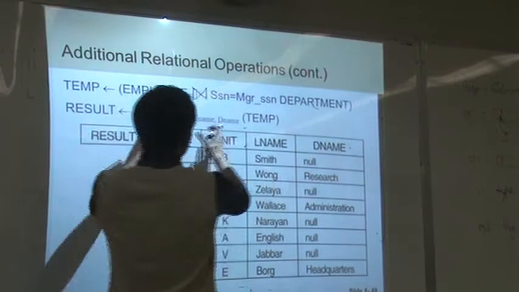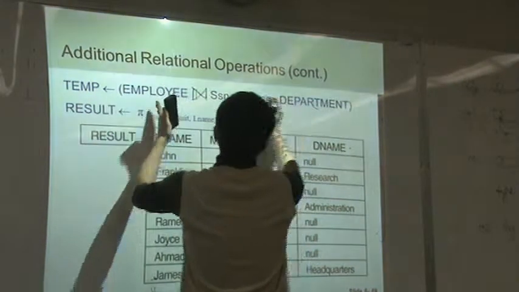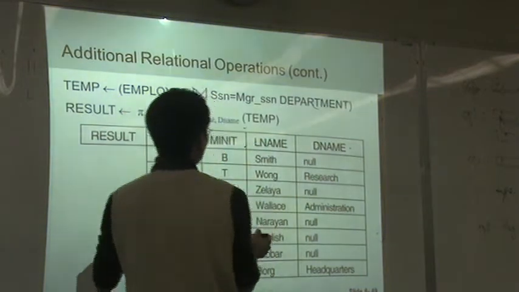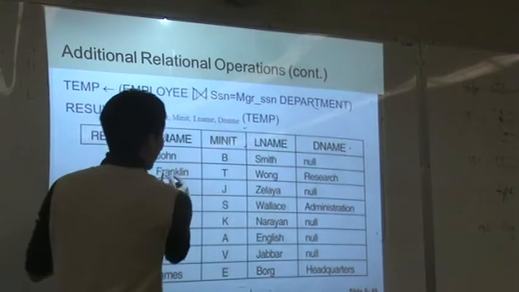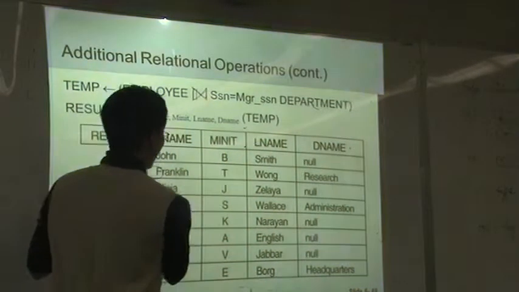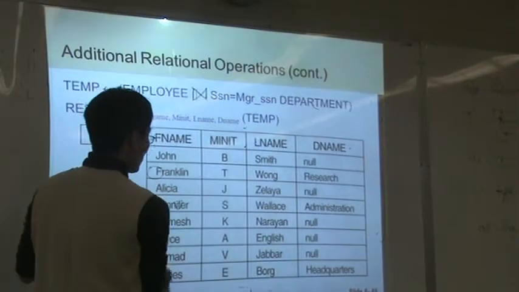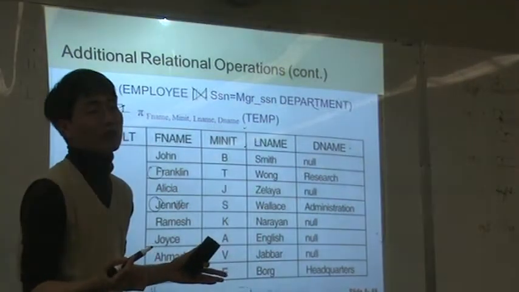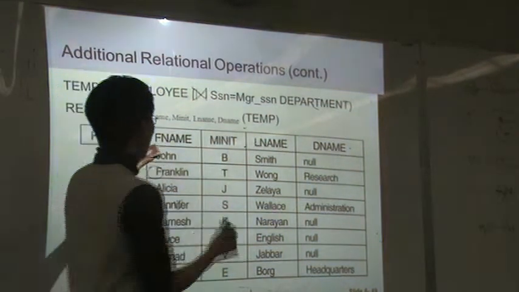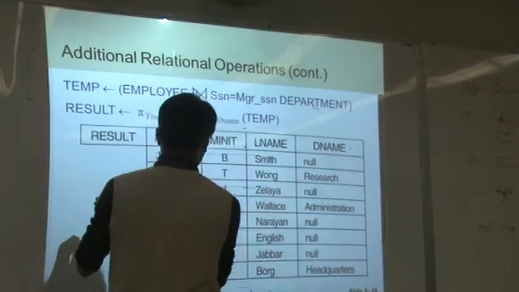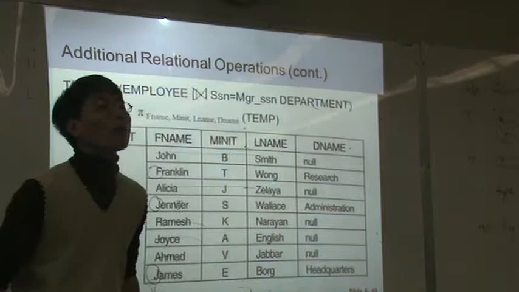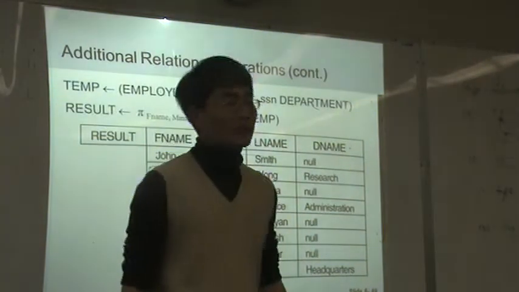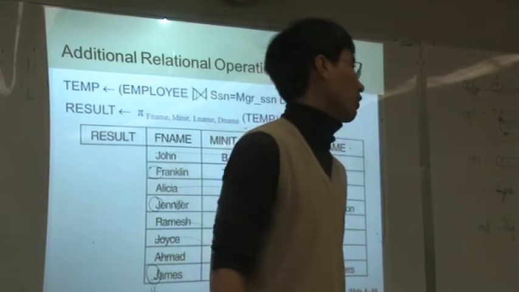Then we first combine employee and department and check the social security number and manager social security number. It will return only Franklin Wong, Jennifer Wallace and James Borg. Three match. Okay, the others are not actually supervisors. Okay, three tuples will be returned. That's what we learned from the join operation.